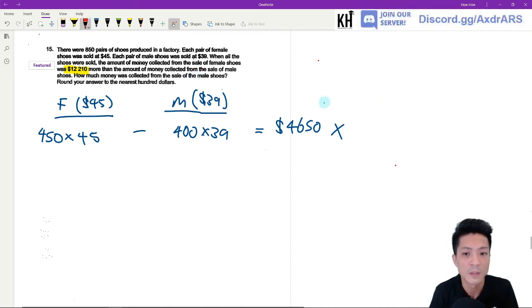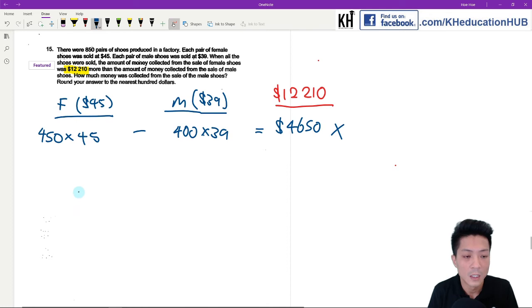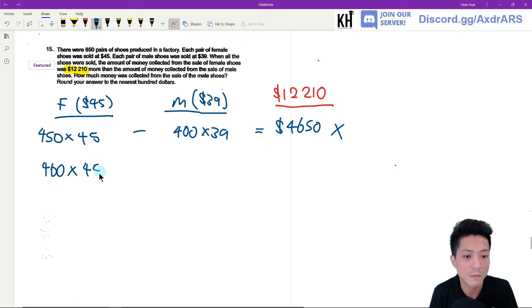12,210. So what I want is 12,210. I'm going to increase it by 10. So 460 times 45, which means that the male shoes will be 390.